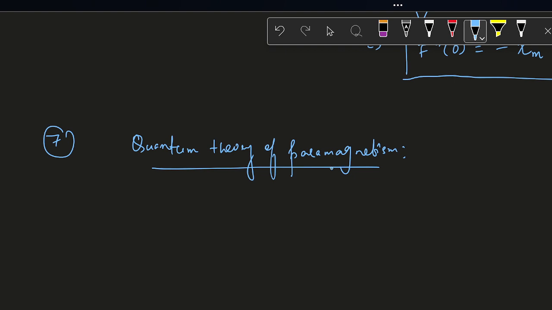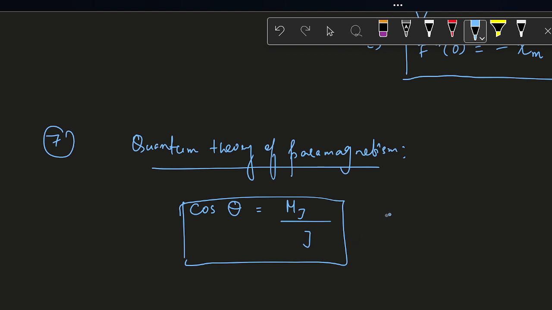I'll not go into much detail about the total theory because that will make the whole thing very long, but the basic factor for the derivation is that in quantum theory the atomic dipole moments present inside the system, which give rise to the magnetization, have certain orientations with respect to your field direction. If the orientation angle is theta, then the relation followed is that cos theta is equal to capital M subscript J divided by total J.